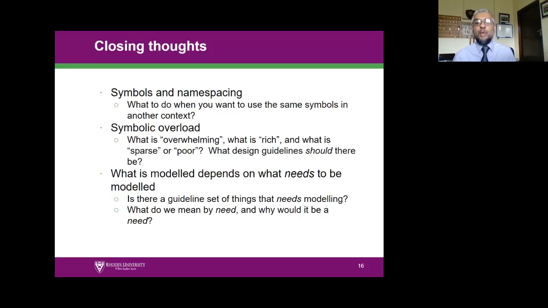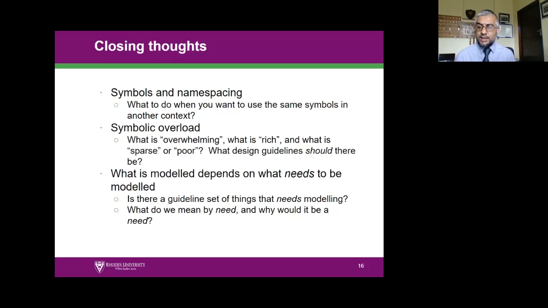What is overwhelming? What is, you look at it and you just want to go and cry in a corner? What is rich? What does that mean? What is a rich set of symbols? What is sparse? What is poor? What is too little? What design guidelines should there be for symbols? And what is modeled depends on what needs to be modeled. That's a core aspect.